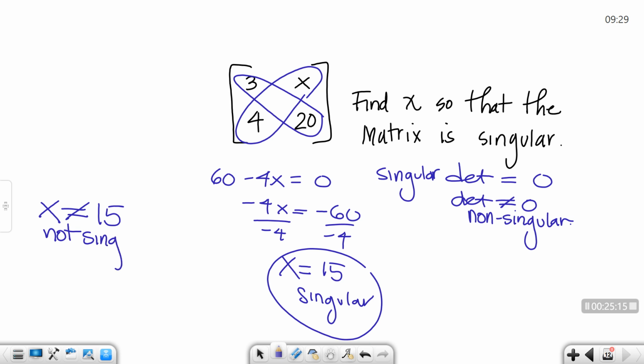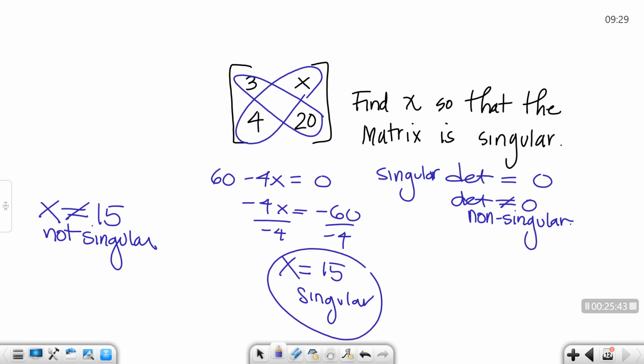Anything that's not 15. You can write it like that, or you can write in words. I don't make you write it in interval notation, because it's not a domain type thing. But you could say anything that's not 15 would make it non-singular. Right, and then now I think that finishes up everything through section 2-3. Do you have any questions with that?